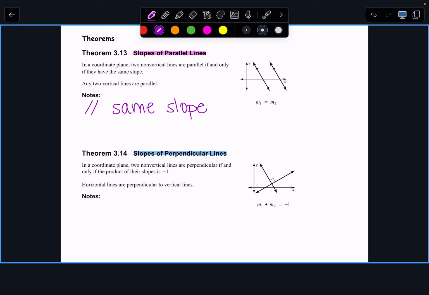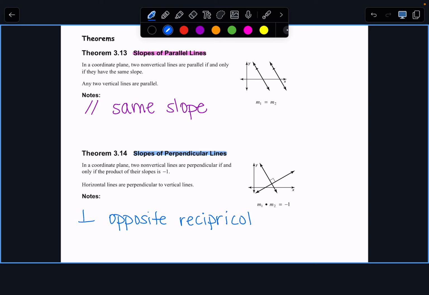Perpendicular lines have opposite reciprocal slopes. Find the math words: opposite, reciprocal.